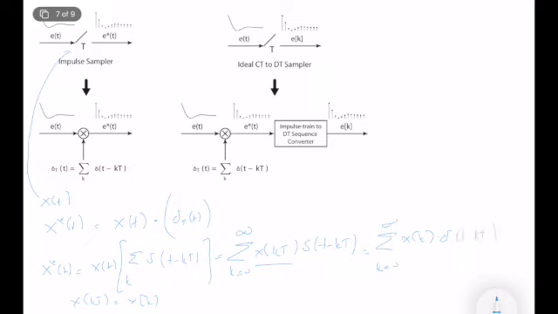So overall, this signal is continuous, but all of the information in the signal is stored in this discrete time sequence. So the impulse sampler doesn't leave the continuous time world, but still stores the information that is required for the discrete time domain. So it's somewhere in between.